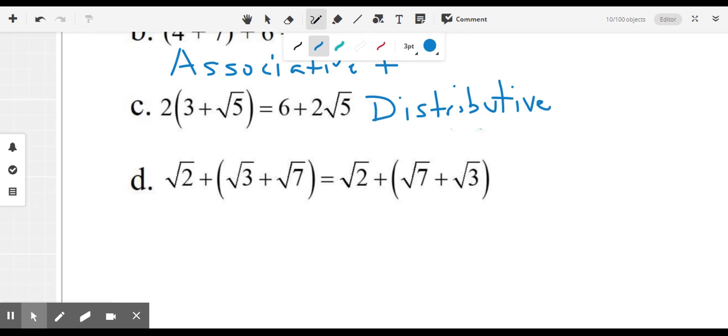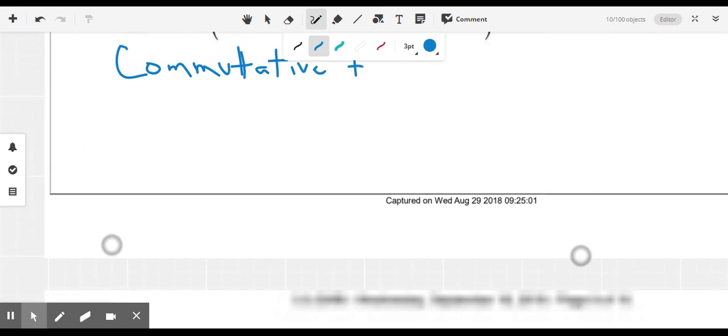All I did was change the order in which I added square root of 3 and square root of 7. So that is actually commutative. Doesn't matter what order. The commutative property of addition. All right, there'll be a lot of that in here.